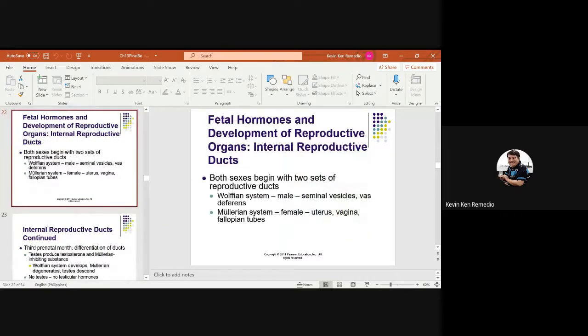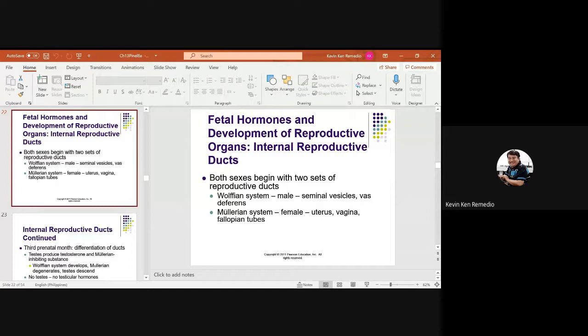All right. The initial reproductive ducts of the reproductive organs. Both sexes, male and female, begin with two sets of reproductive ducts. For the males, gitawag siya Wolffian system class. The Wolffian system is composed of the seminal vesicles and the vas deferens.